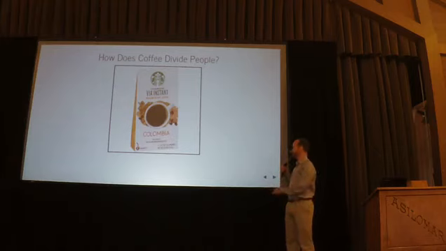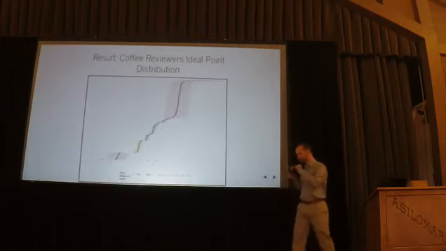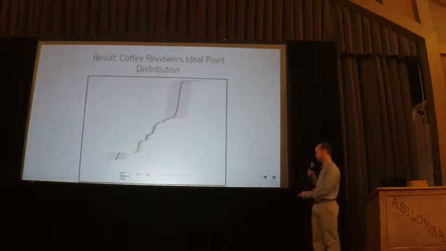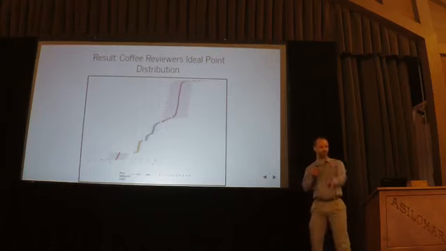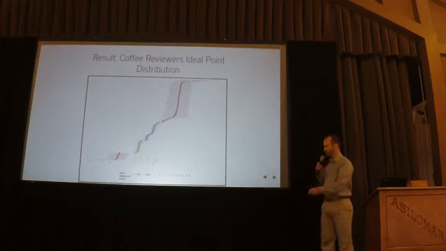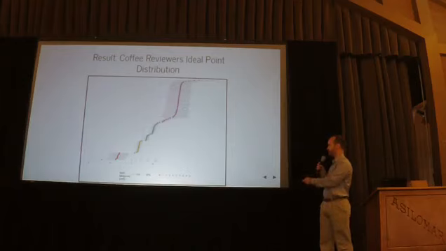So the way you can visualize this in the model, this is the ideal point distribution of people who rated Starbucks Via. The points are colored by their actual rating, so you have 1 to 5. And these lines here, remember I talked about the lines of indifference? Those are the lines of indifference between the different categories. What you can see here is that within those categories, it almost perfectly discriminates.